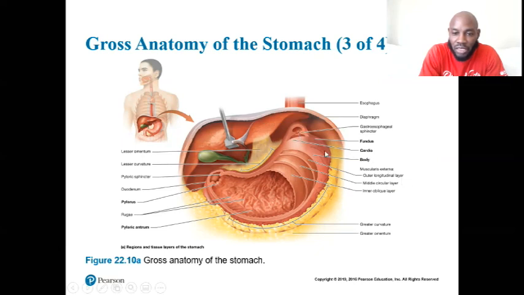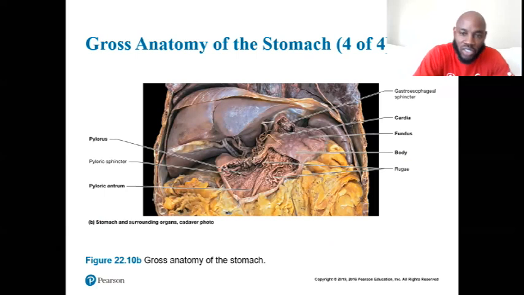Fundus, cardia, the main body, pylorus, the end, and another pyloric sphincter at the end. And this is what it looks like inside a cadaver, a cut open version of the stomach.